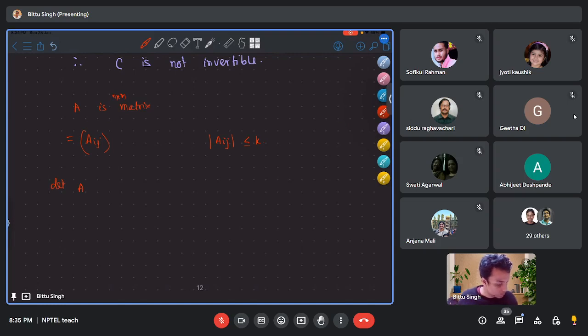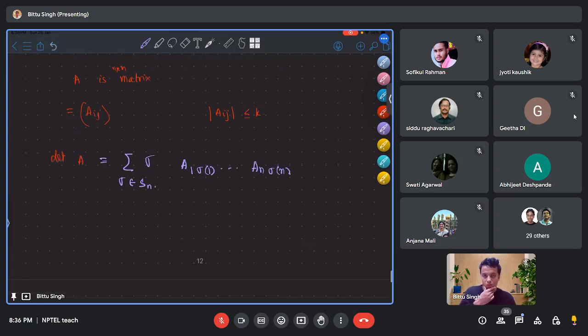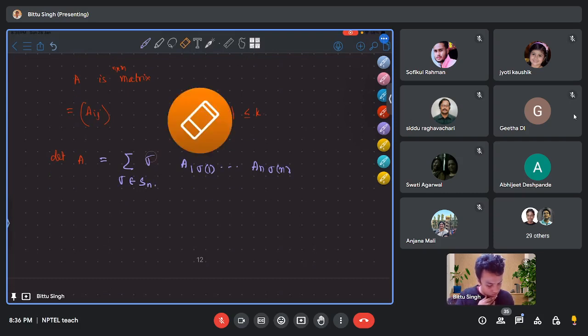How can you find the determinant? The determinant is the sum over permutations of A1 sigma(1) up to An sigma(n), where sigma belongs to the permutations. Sorry, there will be the sign of sigma.